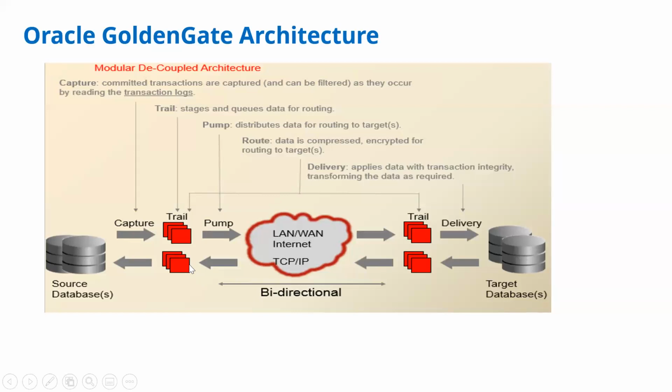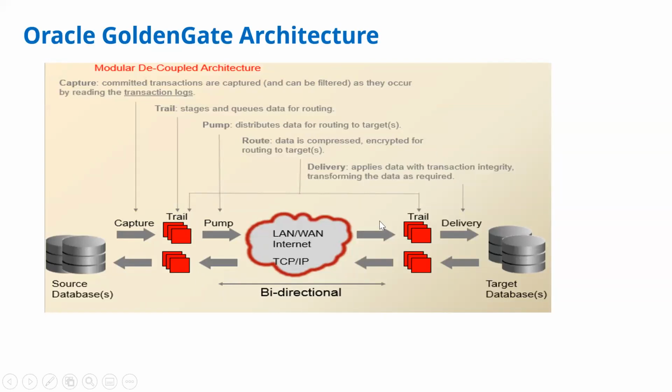Now, once the data becomes available in local trail, the data pump process reads the data from local trail, sends it over TCP/IP network, and writes it to remote trail on the target machine. The source of the data pump process is local trail, and it writes to remote trail.